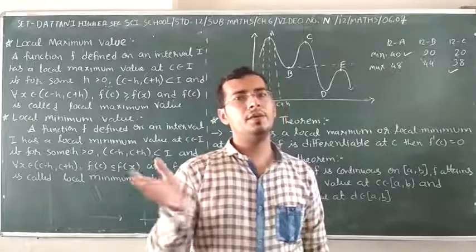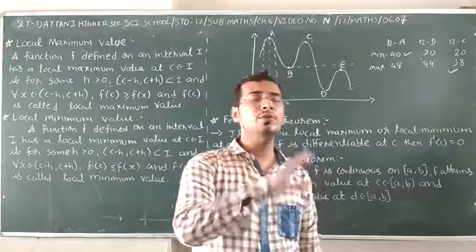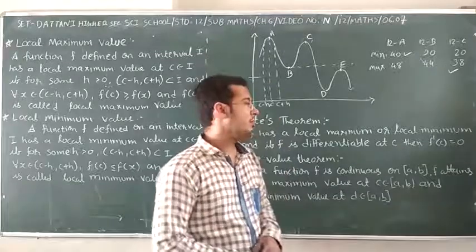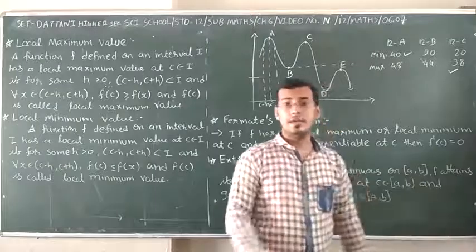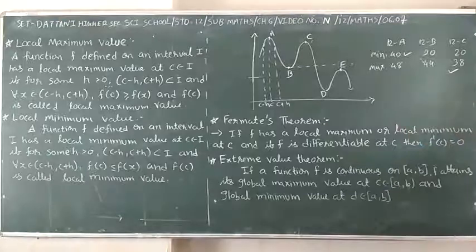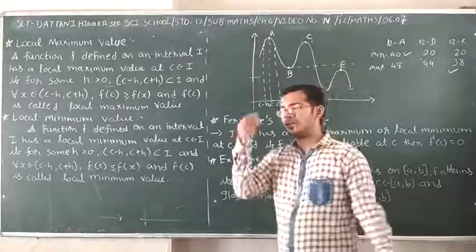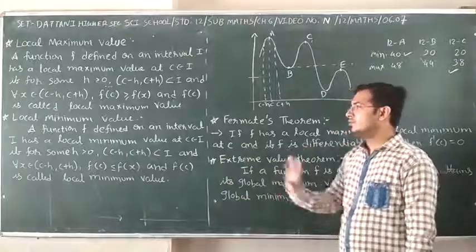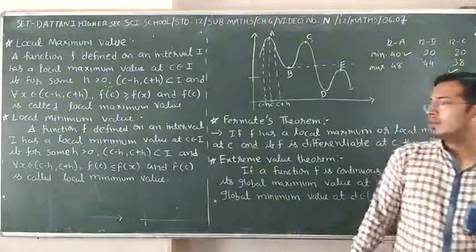Sometimes you cannot get a local minimum or maximum value, but you get 100% global maximum and global minimum value if and only if the closed interval is there. So note it down, write down all the theorems. You don't need to memorize these theorems, but you have to understand the concept given in our textbook, with all the figures and graphs.